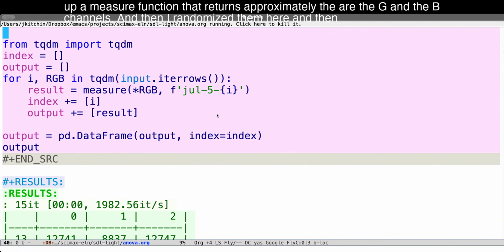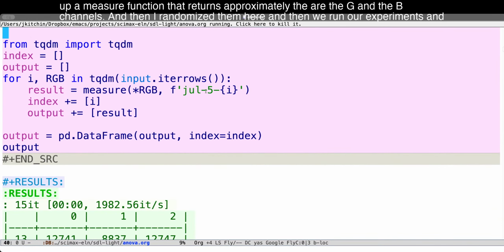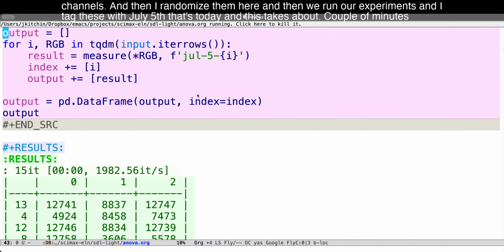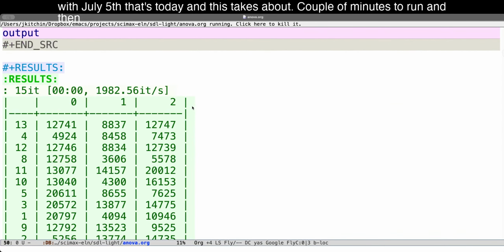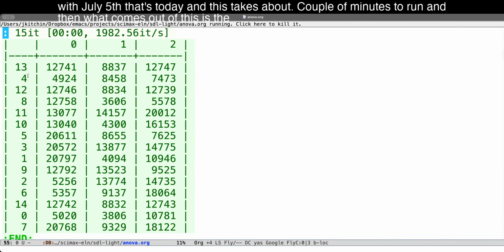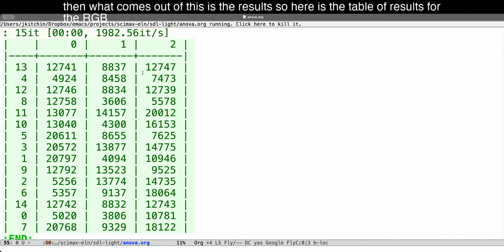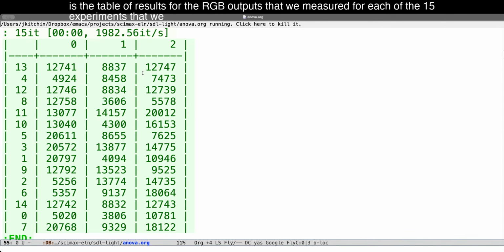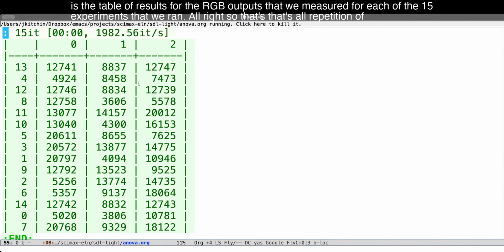Then we run our experiments and I tag these with July 5th, that's today. This takes about a couple of minutes to run, and then what comes out of this is the results. So here is the table of results for the RGB outputs that we measured for each of the 15 experiments that we ran. All right, so that's all repetition of what we did before.